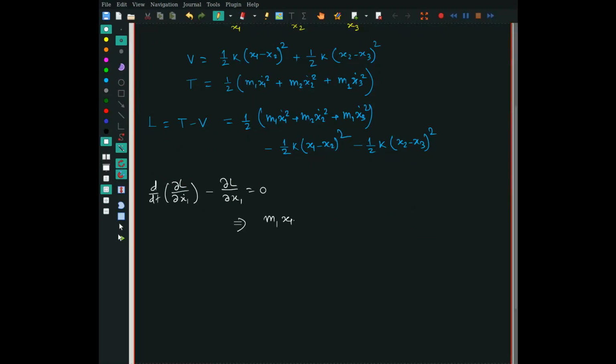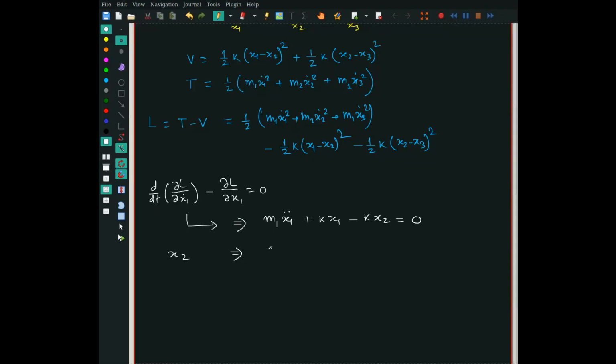If you do that for x1, you get the equation of motion to be m1 x1 double dot plus k x1 minus k x2 equals 0. So this is the equation of motion for x1. For x2, you can similarly write it down.